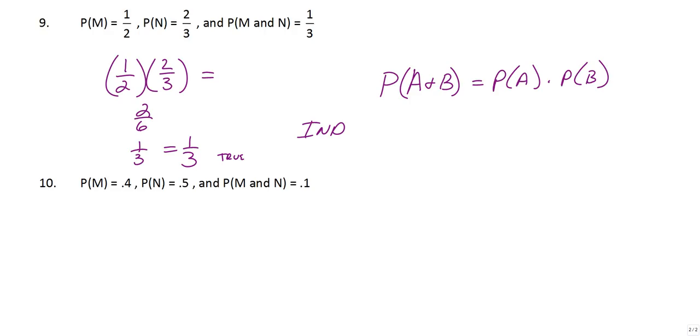So why don't you check this one, see if they're dependent or independent. If you said 0.4 times 0.5 is equal to 0.1 and said 0.2 is equal to 0.1 is false, and then that means they are dependent, you are correct.